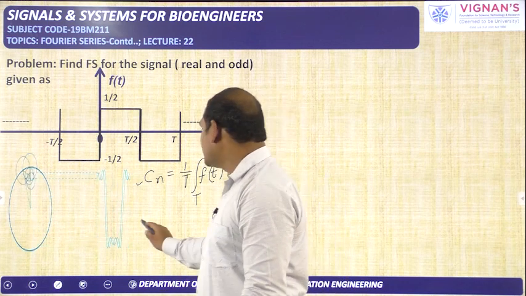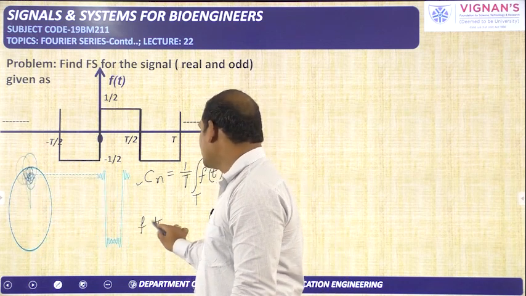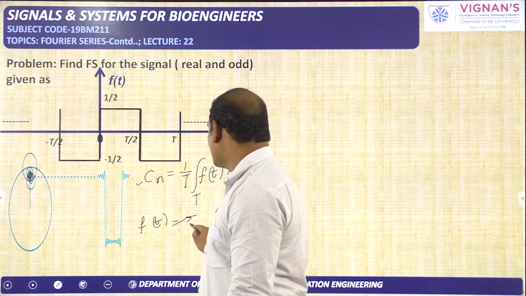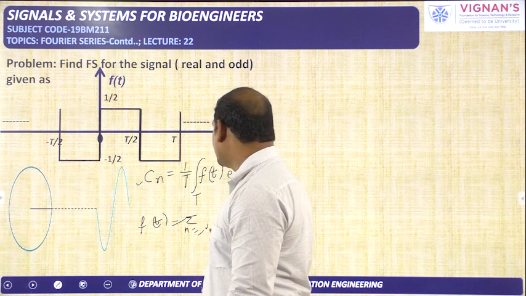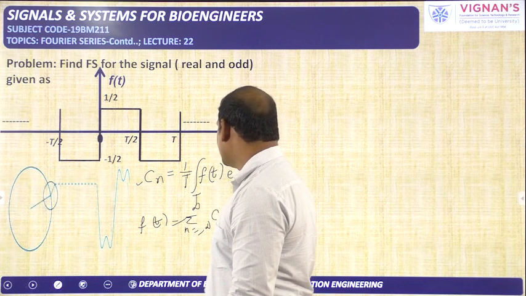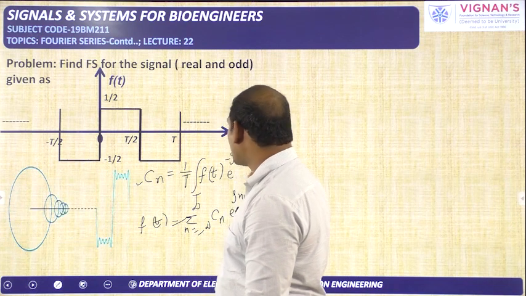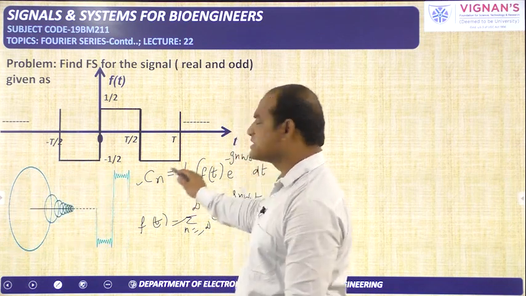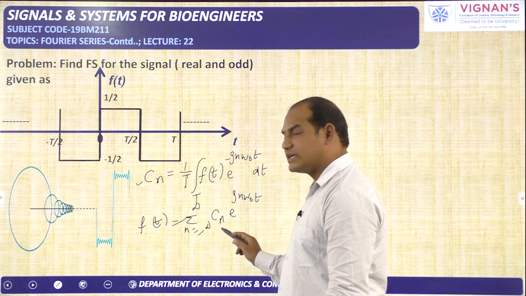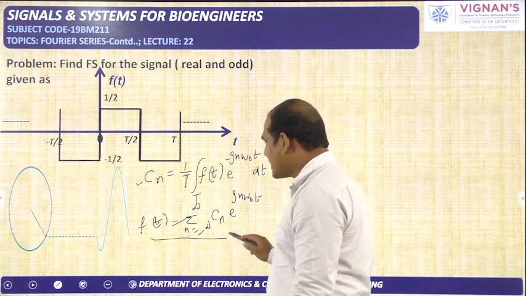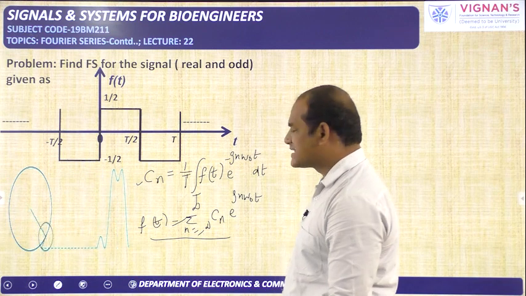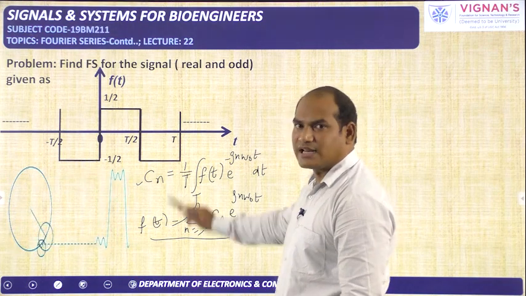After calculating Cn, f of t can be written like this: sigma n from minus infinity to plus infinity Cn e power jn omega naught t. Whatever Cn value we got has to be substituted here. Then this is called the exponential Fourier series expression for the given periodic signal f of t.